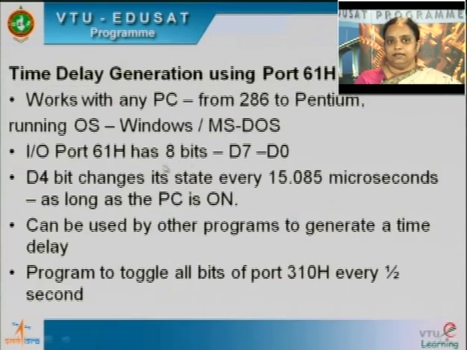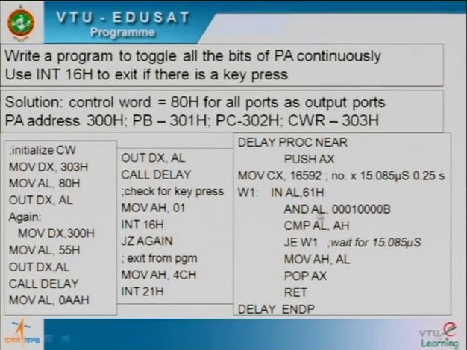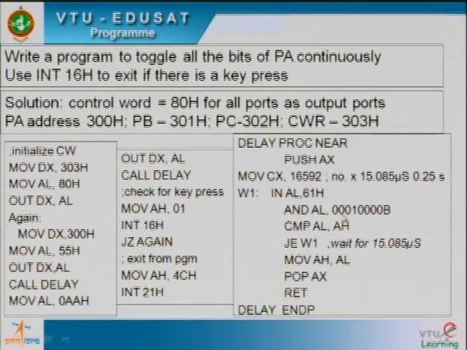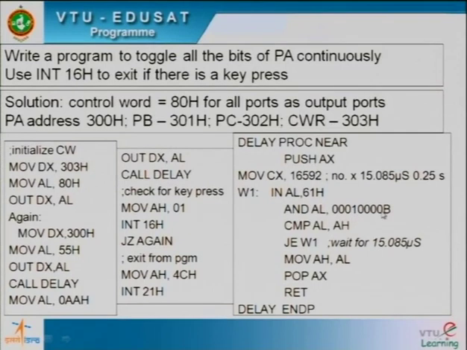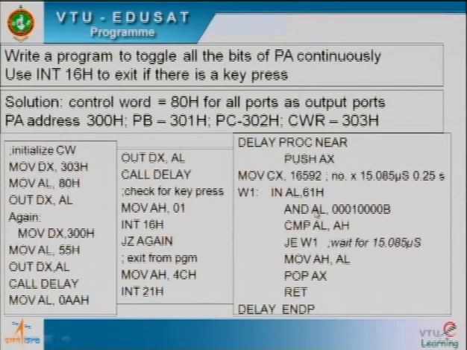We have seen that in 61H, out of the 8 bits, the 4th bit changes its state every 15 microseconds. So mask all the bits and keep only the 4th bit, that is D4. D0 is 0, D1, D2, D3 are all zeros, only D4 is 1, and the rest are all zeros. When we AND it, only that will be left. If D4 is 1, AL will be 1. If D4 is 0, AL will be 0.